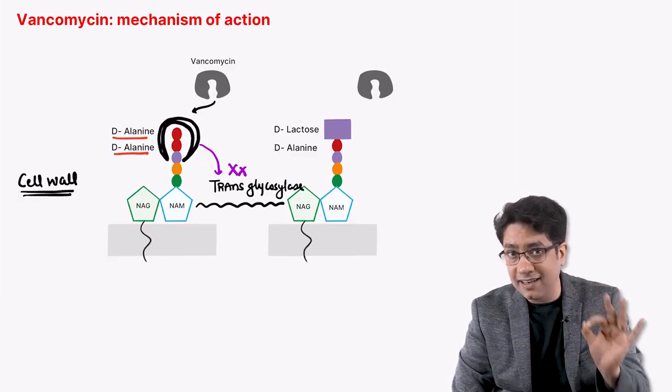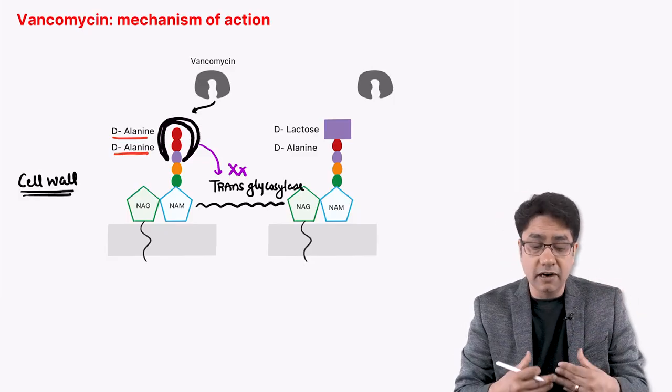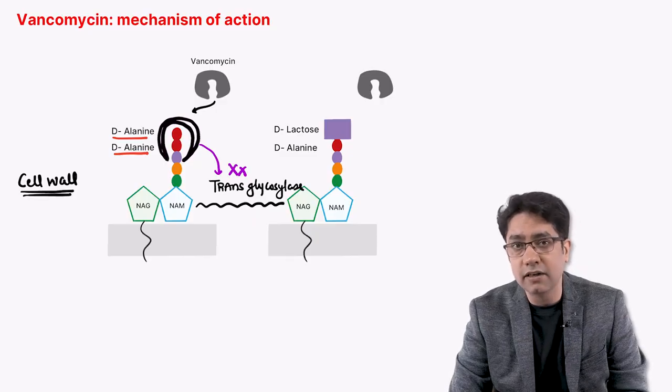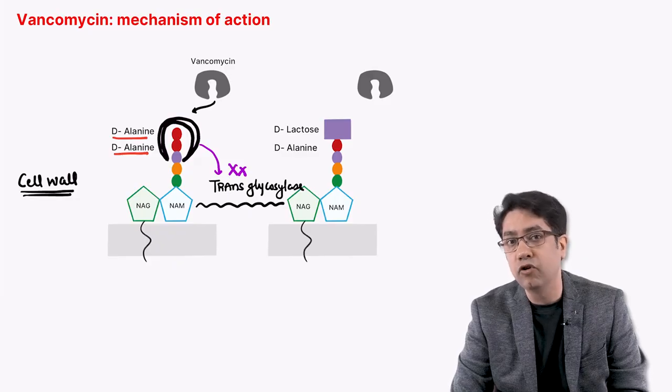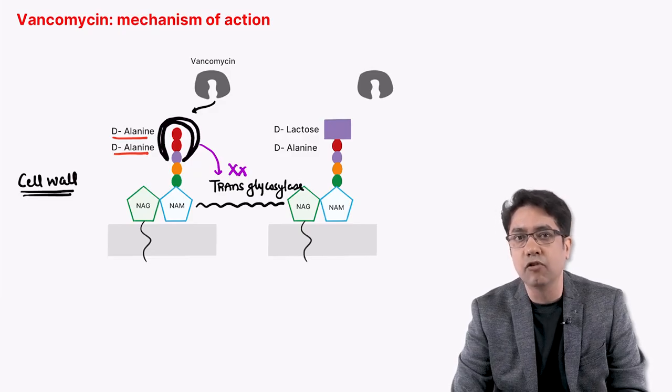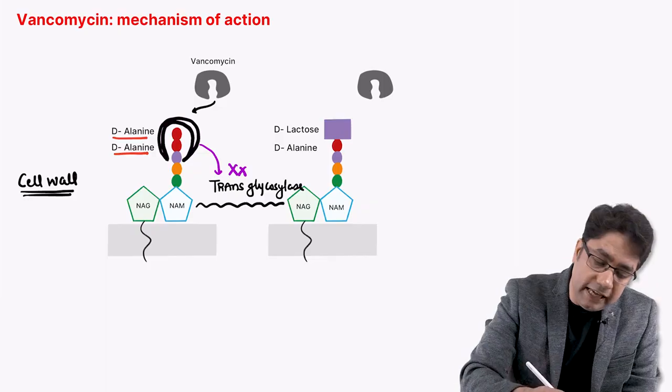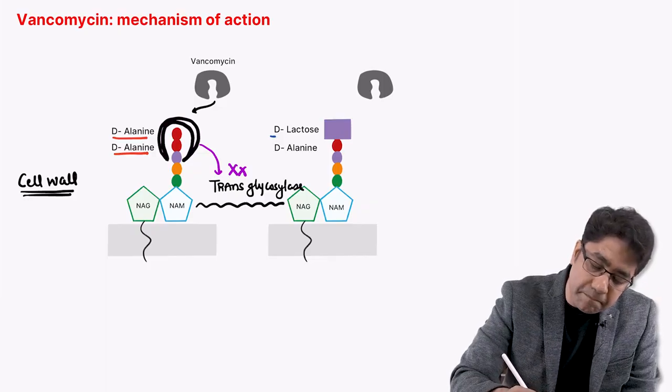This picture was asked in your exam. Now comes the question, how does a bacteria become resistant to vancomycin? Bacteria change their cell wall component. Instead of D-alanine, bacteria make D-alanine D-lactate.